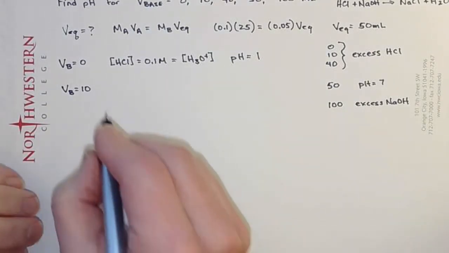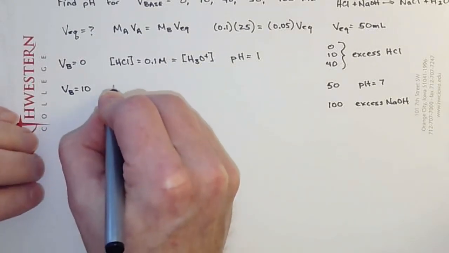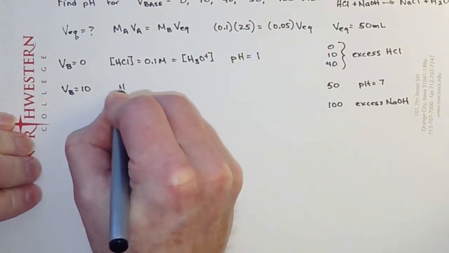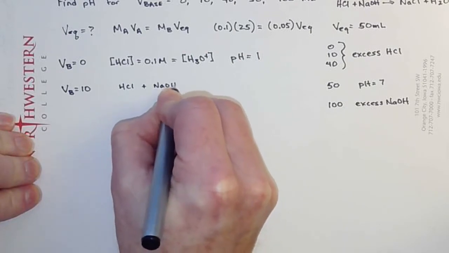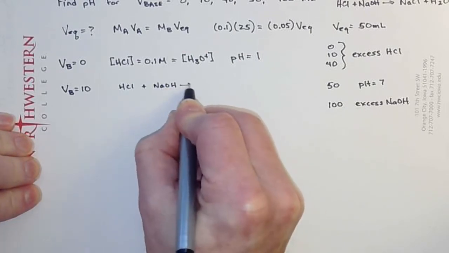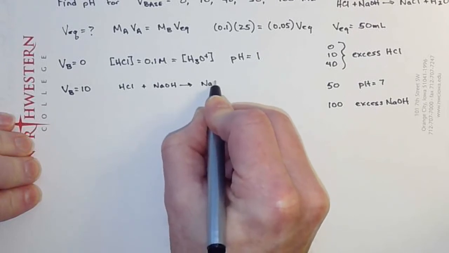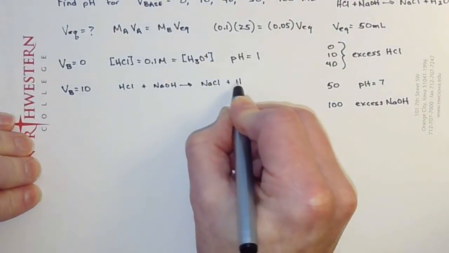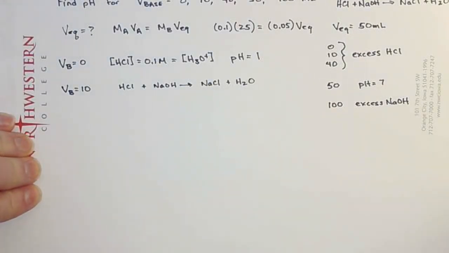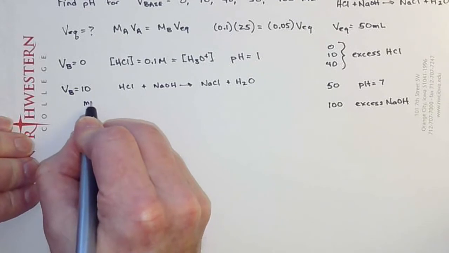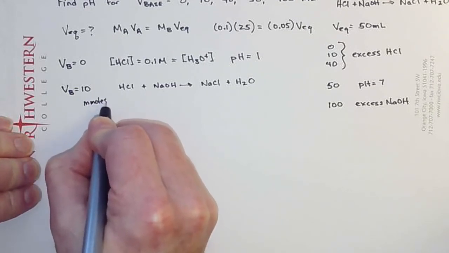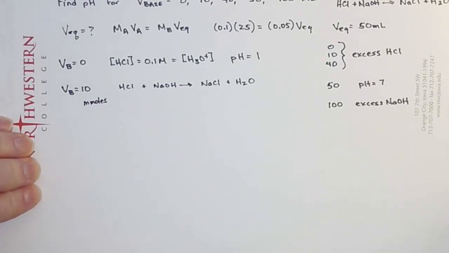I'm going to do that in a reaction chart. So we'll have HCl plus NaOH giving us NaCl and water. Then I'm going to include the amounts, but this time I'm going to use millimoles instead of what we often do, which is use moles.